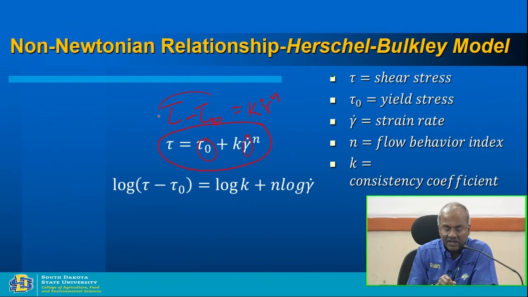If you take a log of this, log of (tau minus tau 0) is equal to log K plus N log shear rate.